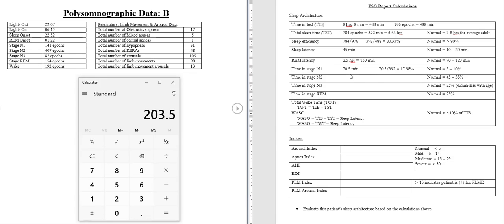So the time in stage 2 is going to be 407 epochs; to convert epochs to minutes, it's going to be 203.5. And again, to convert that into a percentage, I'm going to divide it by the total sleep time. That's going to be 51.91%. Time in stage 3 is 82 epochs, so that's 41 minutes.